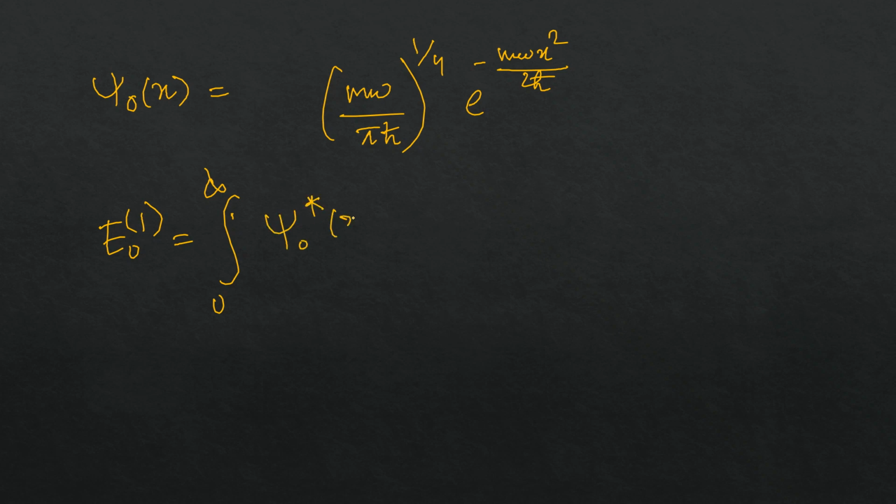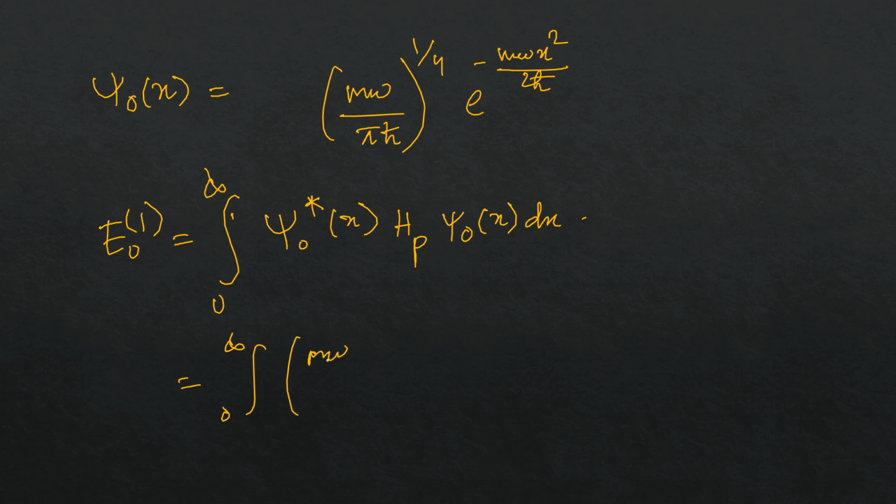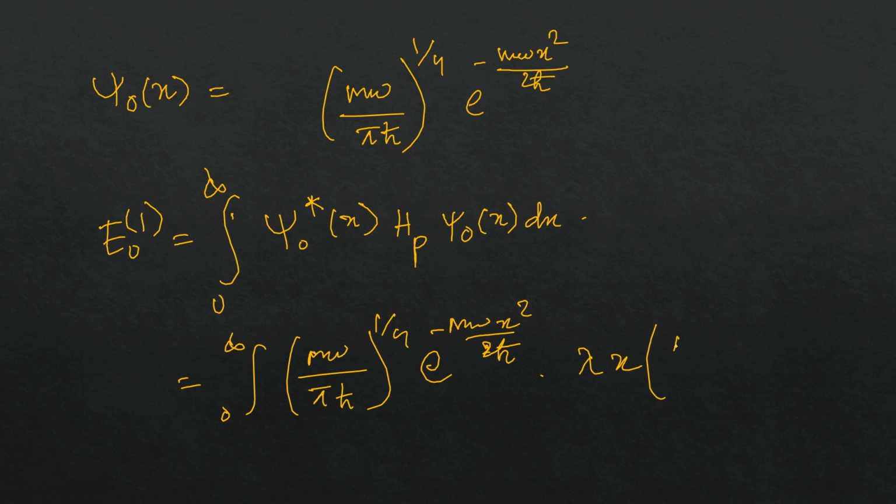psi star x, Hp, psi x dx. So 0 to infinity (m omega by pi h cut)^(1/4) e^(-m omega x^2 by 2h cut) into lambda x, which is your Hp, times (m omega by pi h cut)^(1/4) e^(-m omega x^2 by 2h cut) dx.